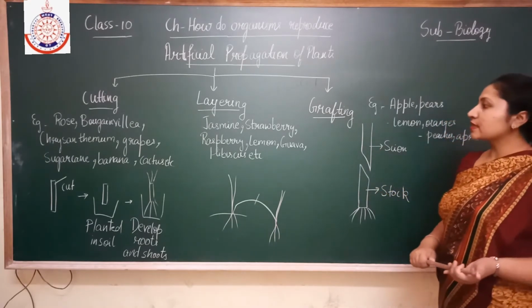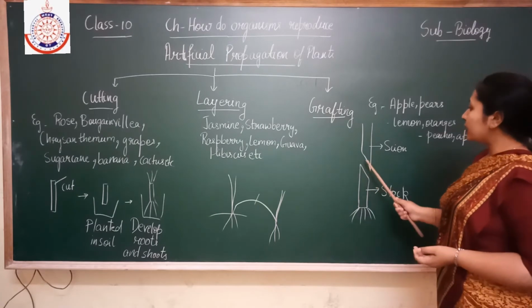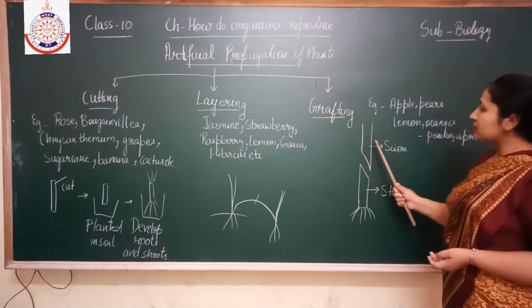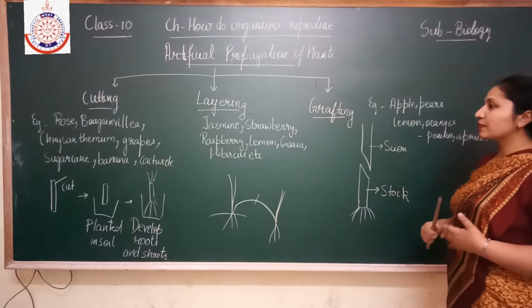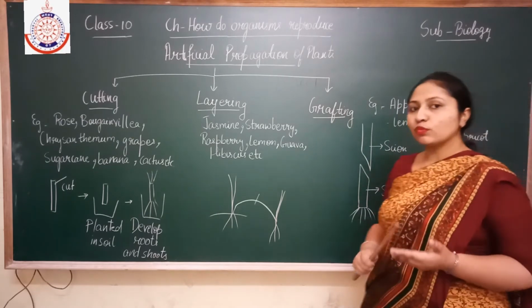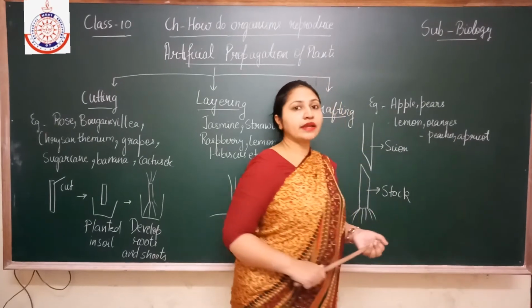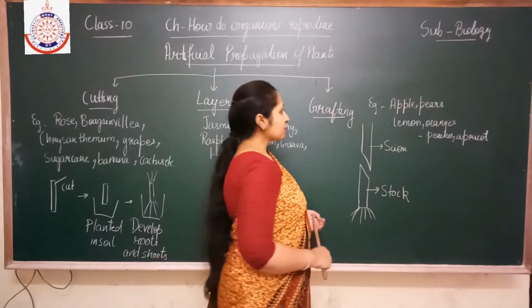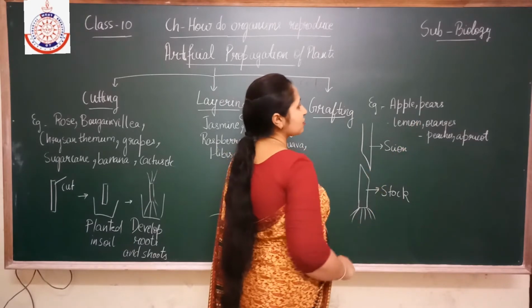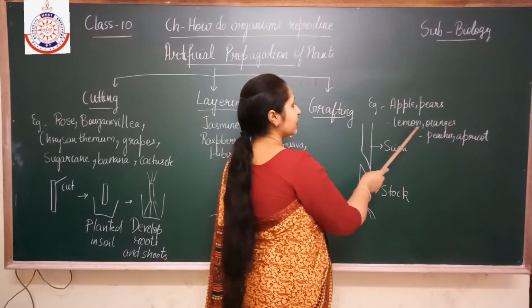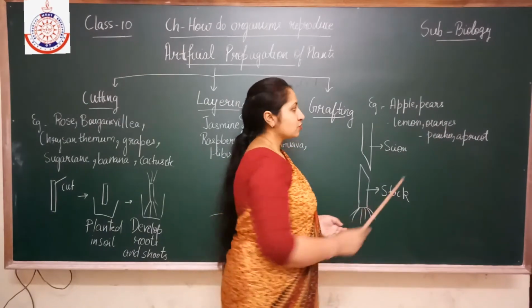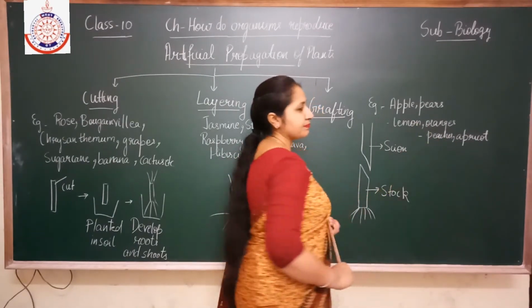After some time it will heal, and the stems of both the plants will become joined to form one plant having the characteristics of both the plants. Here some other examples I have written, like lemon, oranges or peaches and apricot. So these are the combinations.